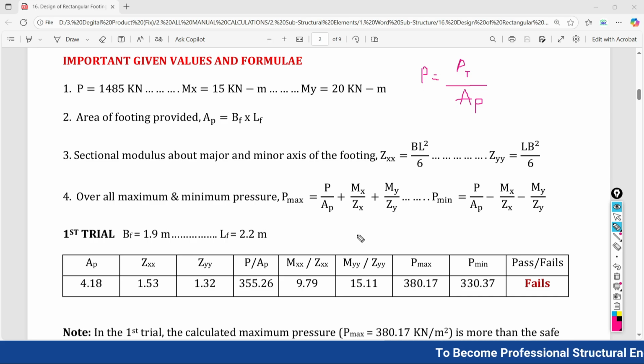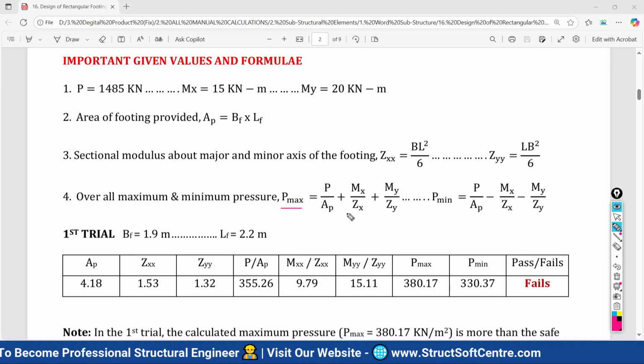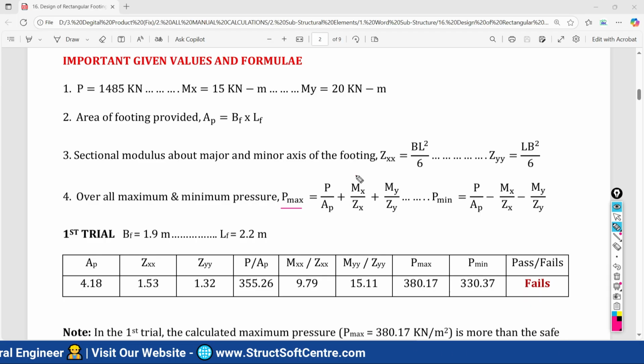But in our proposed problem, there is not only axial load, there is a presence of moment as well. So the maximum pressure will also include the addition of the pressure due to the moment about the major axis and the pressure due to the moment about the minor axis.